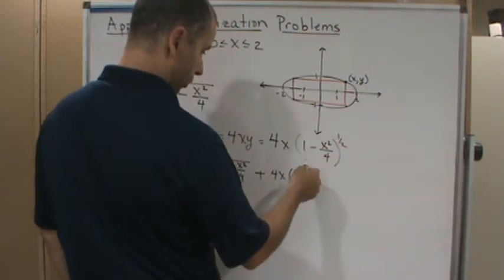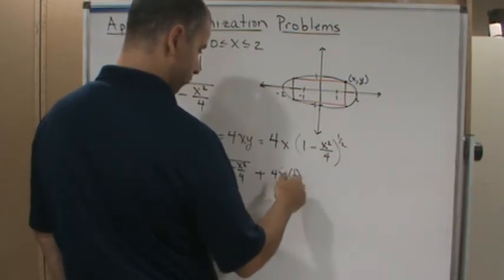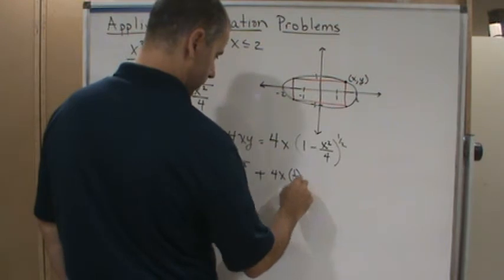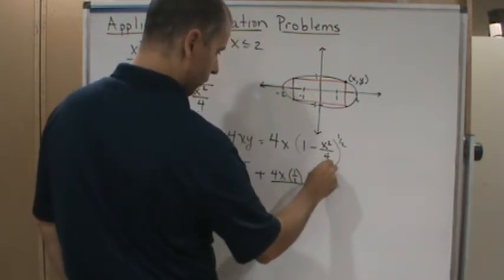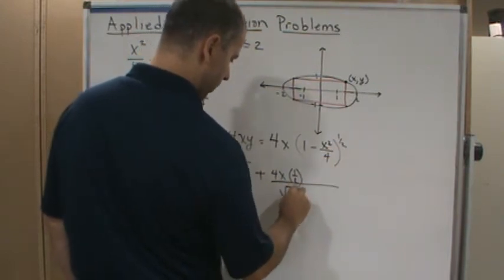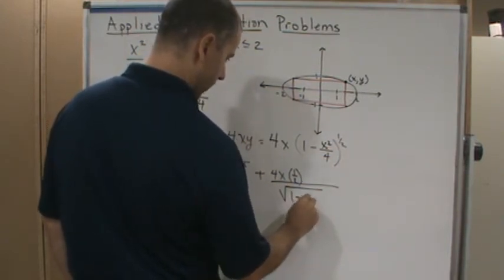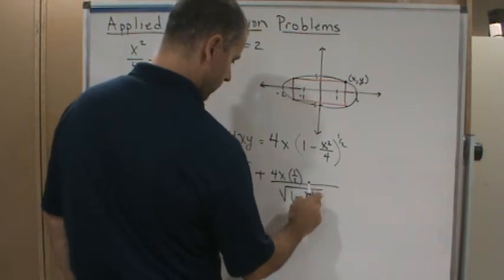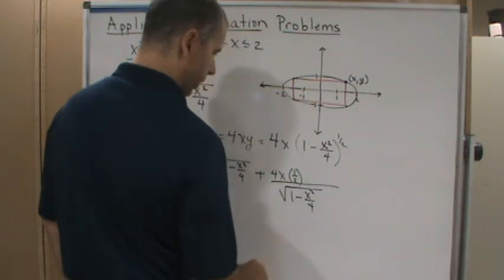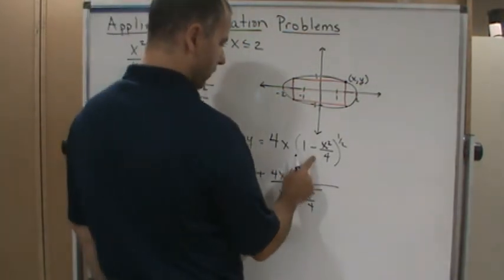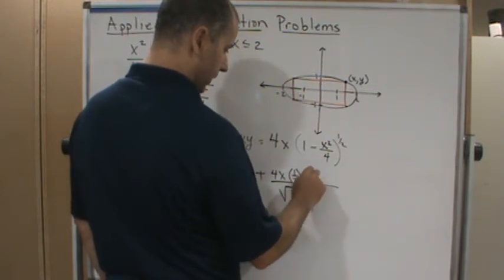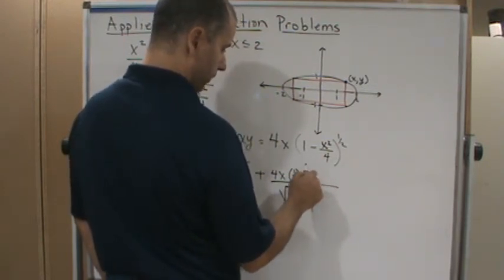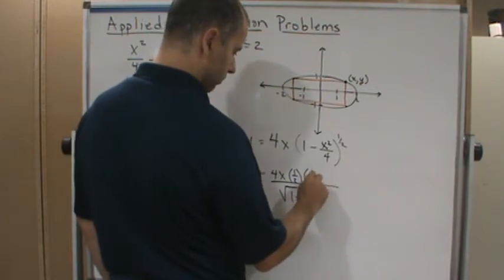I'm going to use the chain rule, so it's going to be 1/2 of 1 minus x squared over 4 to the negative 1/2, so the square root goes in the bottom, times the derivative of the inside, which is going to give us negative 1/2 x.